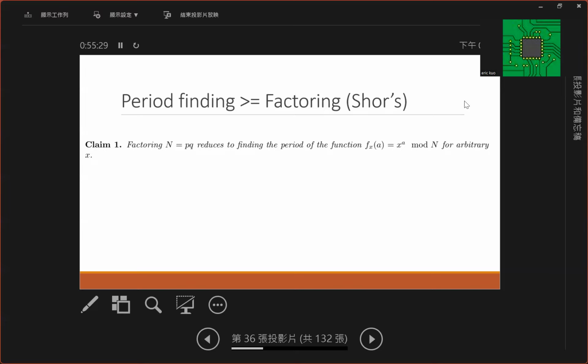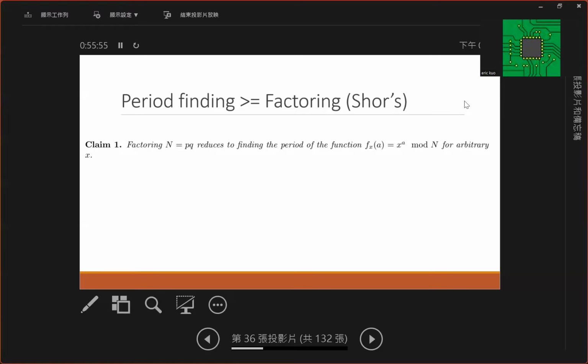Let's say you pick some X, and you define a function X to the A mod N for arbitrary X. The first thing I want to say is that this function, X to the A, is a periodic function.